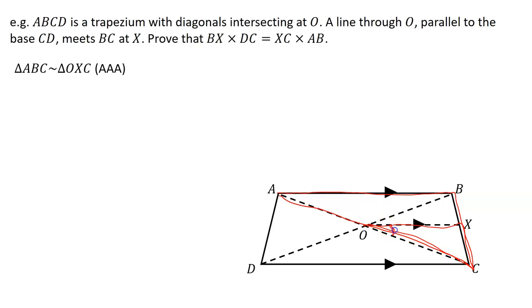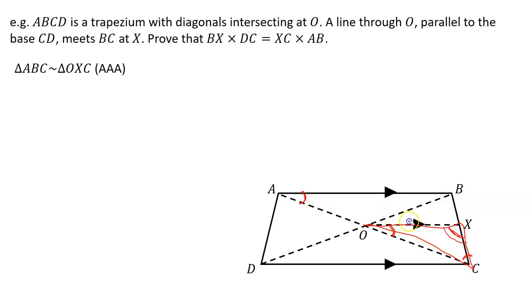So here, this angle and this angle, they are corresponding angles on parallel lines. Similarly, with this angle and this angle, corresponding angles and parallel lines. It's supposed to be proper, I should have 2 lines there because they're not equal to the other ones. And then C is common. So they are similar using AAA.